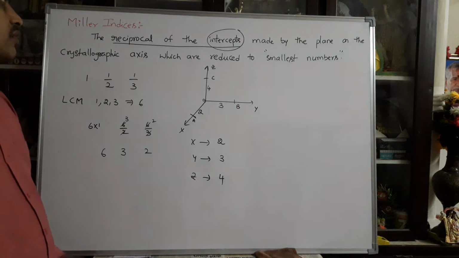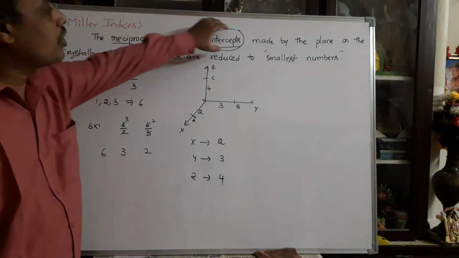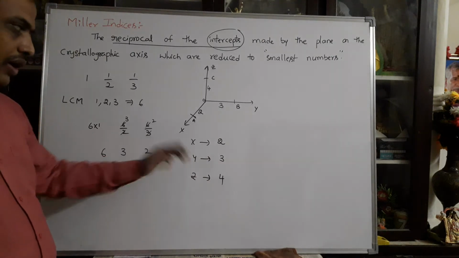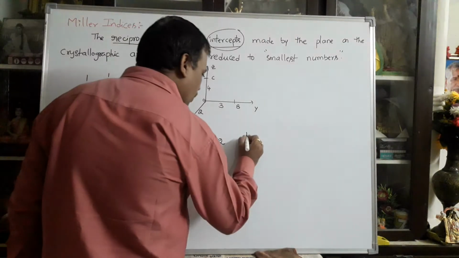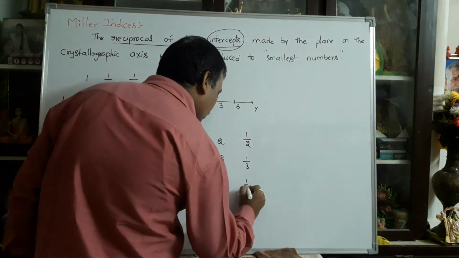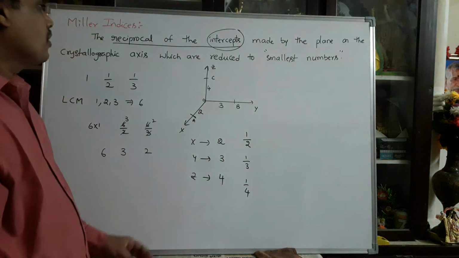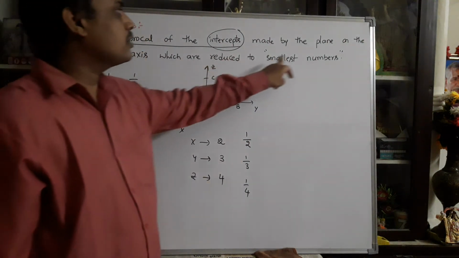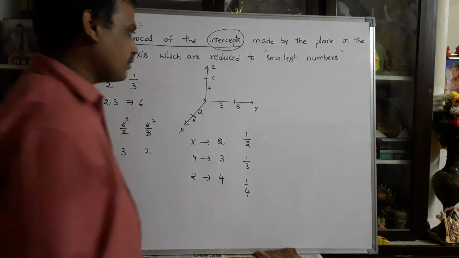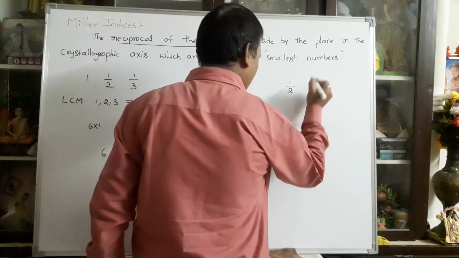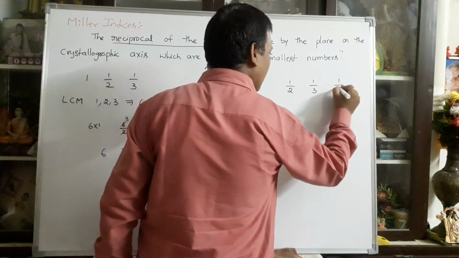Miller indices are the reciprocals of the intercepts, so you take the reciprocals: 1 by 2, 1 by 3, 1 by 4. After that, these are converted into the smallest numbers.